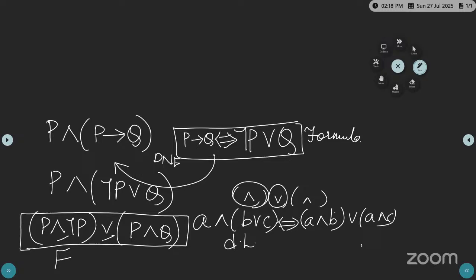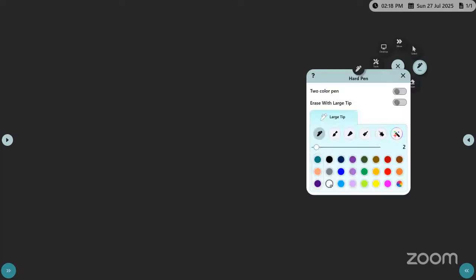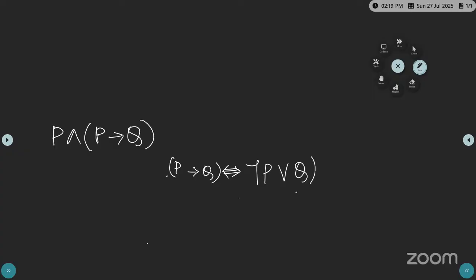Write step 1. On the right hand side, write P implies Q. P implies Q is equivalent to negation P or Q. So I'm writing the first step here: P and, in place of this, negation P or Q. Second step.